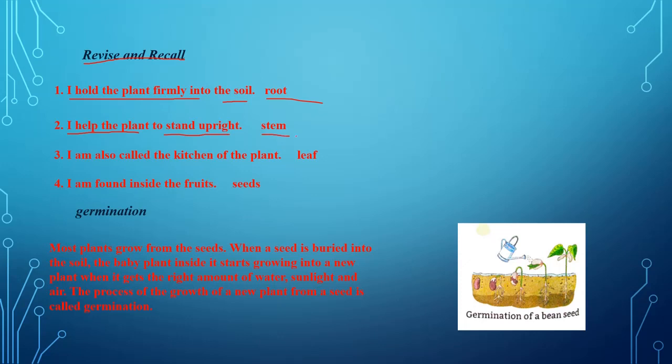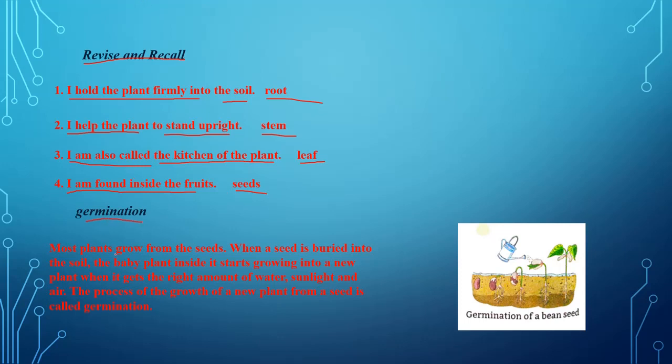The answer is stem. It is correct. I am also called the kitchen of the plant. The answer is leaf. I am found inside the fruits. What is found inside the fruits? They are seeds.